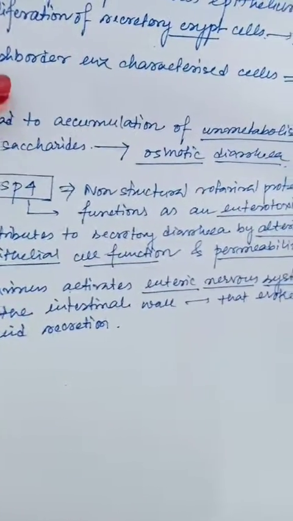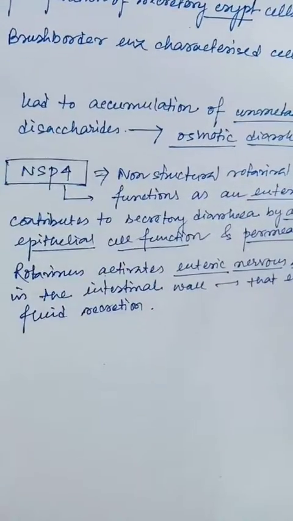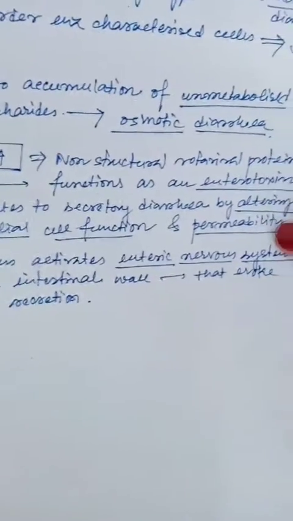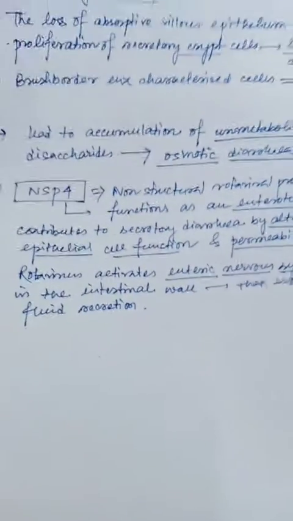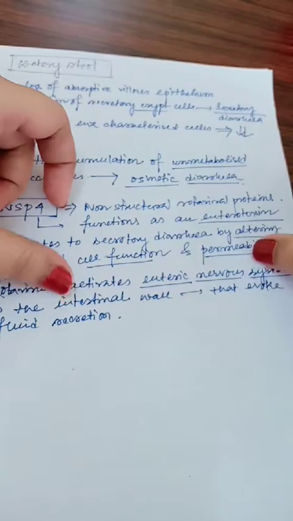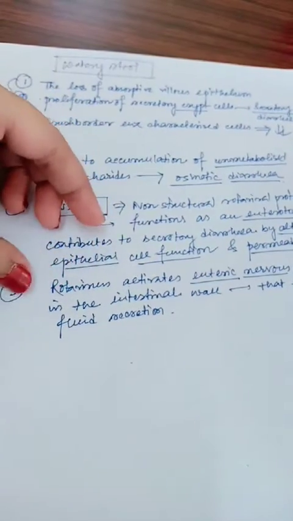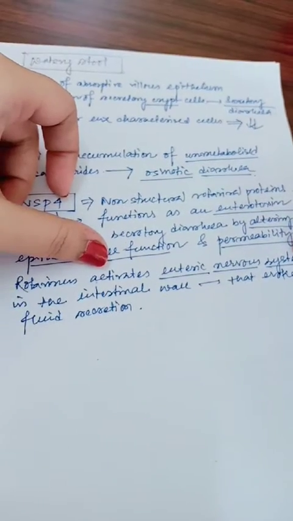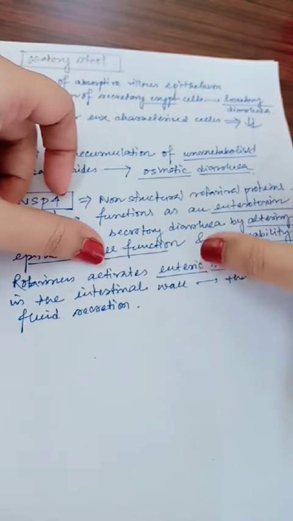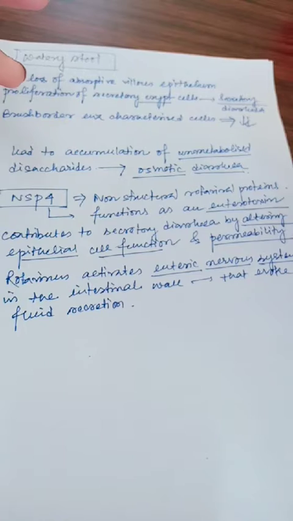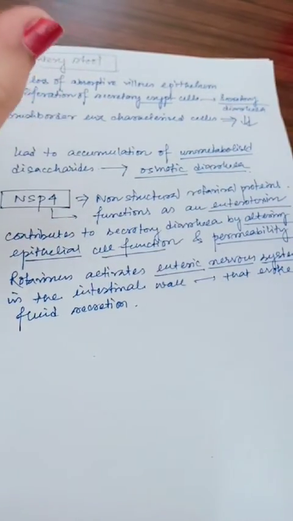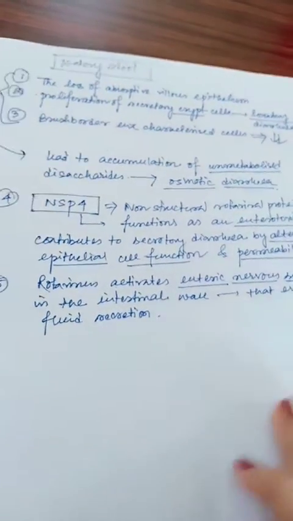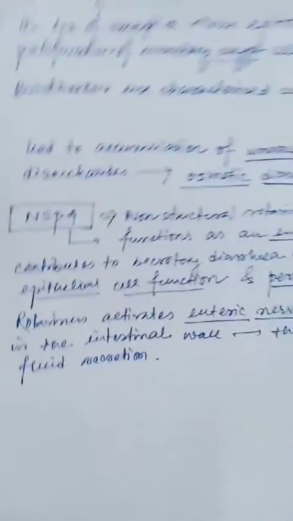NSP4 functions as an enterotoxin that contributes to secretory diarrhea by altering epithelial cell function and permeability. Fifth is rotavirus activates enteric nervous system in the intestinal wall. Whenever activation is there, there is secretion of fluid, so that evokes fluid secretion. Okay, so those are the causes behind the watery stool.